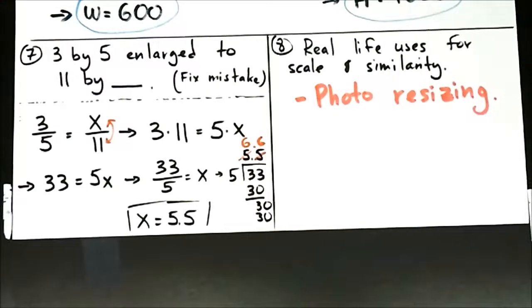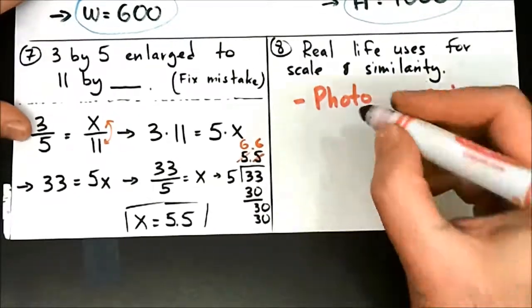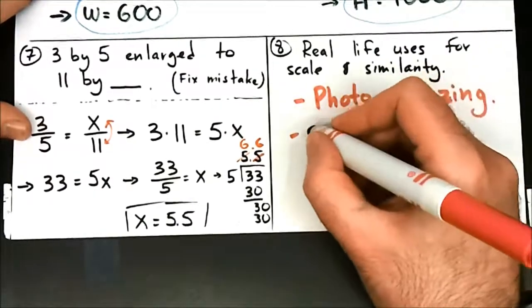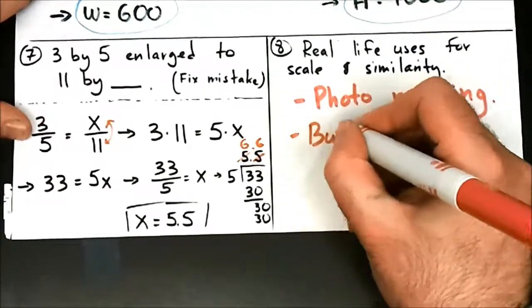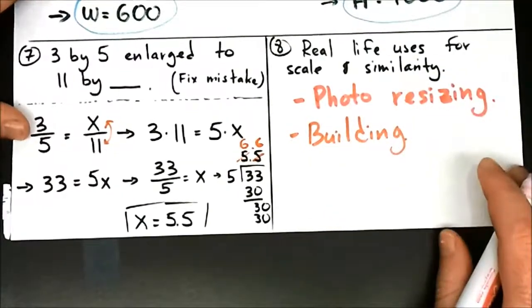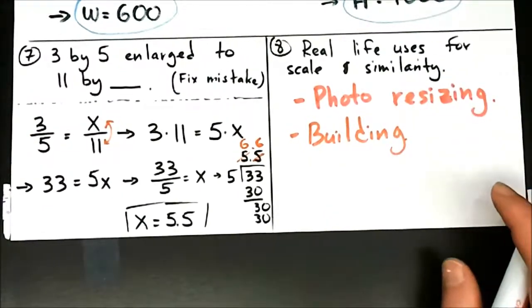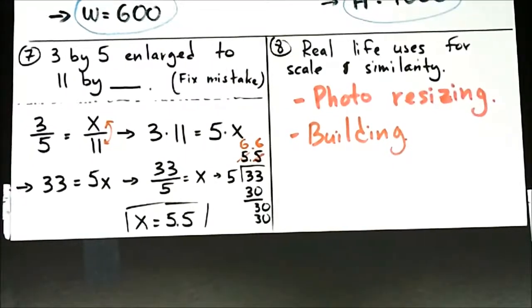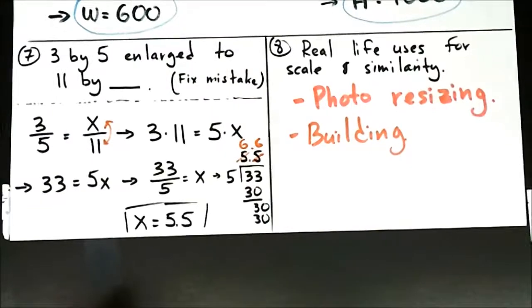The second is in building of really anything. So you can say building could be houses, could be building spaceships, could be building satellites, almost anything today that's built.